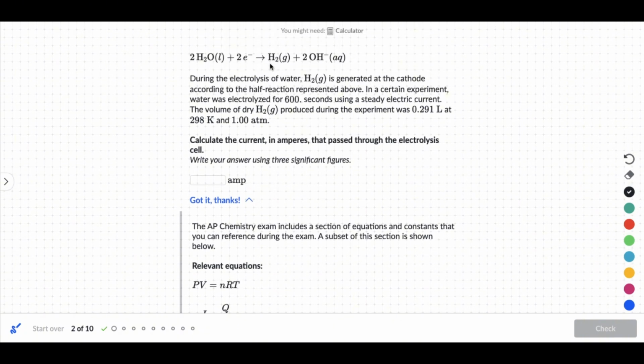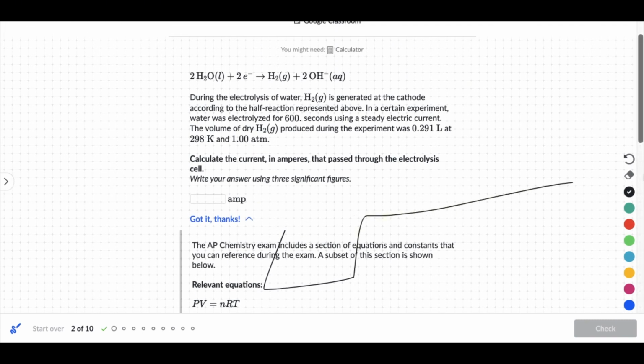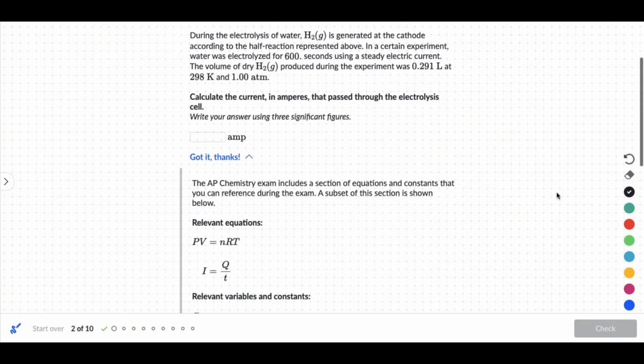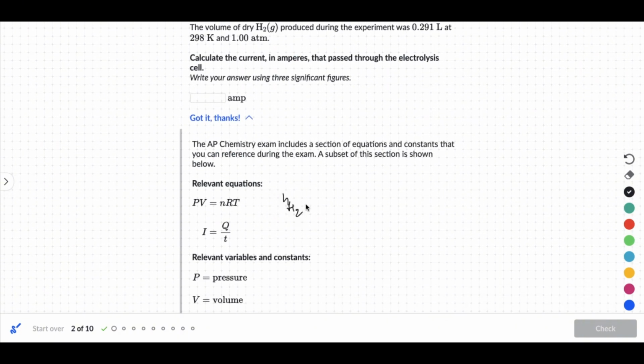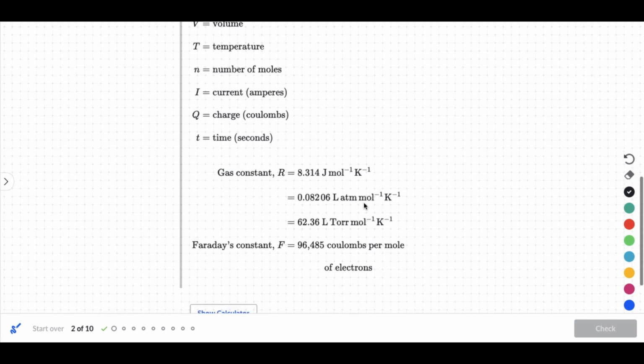You see, for 1 mole of hydrogen, we need 2 moles of electrons transferred. So in order to find the charge, we need to find the moles of electrons, and hence we need to find the moles of hydrogen. The moles of hydrogen would be the pressure times the volume over RT, the temperature and the gas constant.